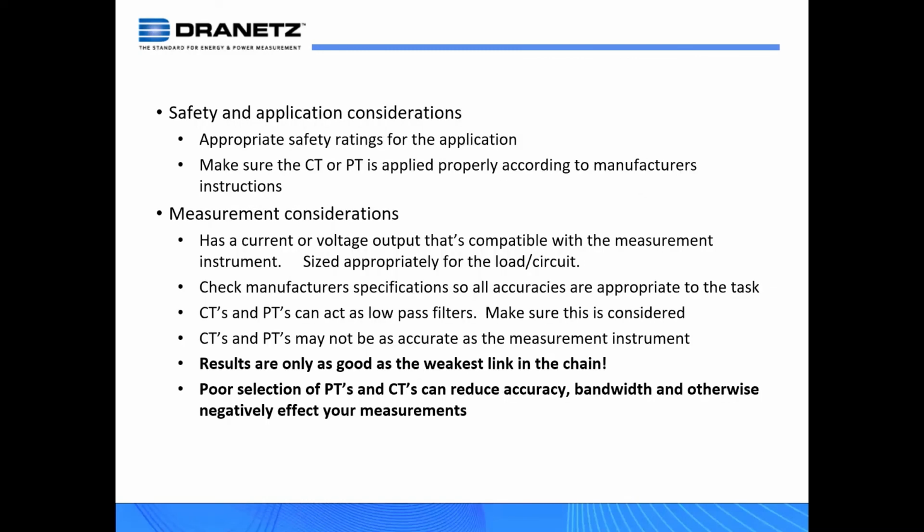Of course, there's the safety considerations. This brings out a very common thing that I see: when a CT is rated at a 600 volt environment, you want to use it in a 600 volt environment.